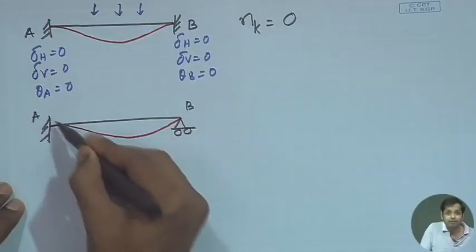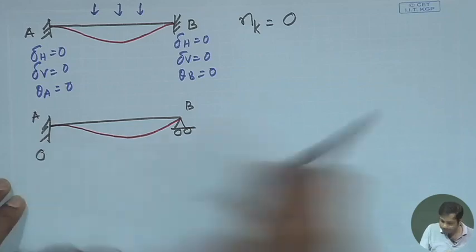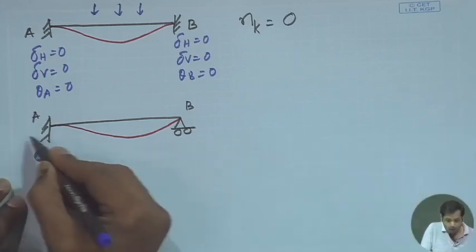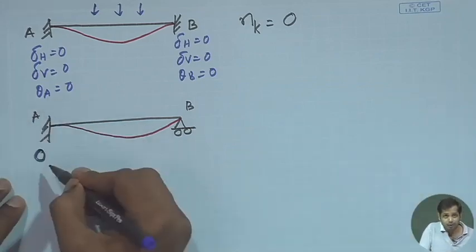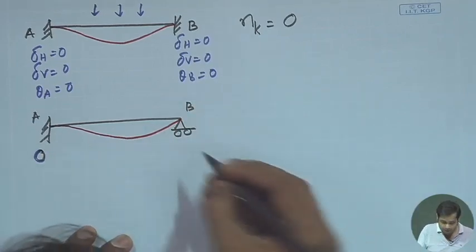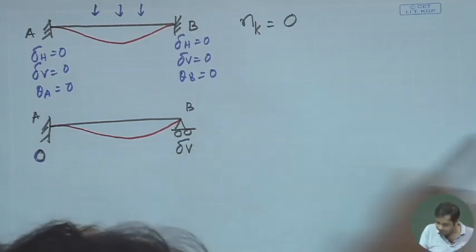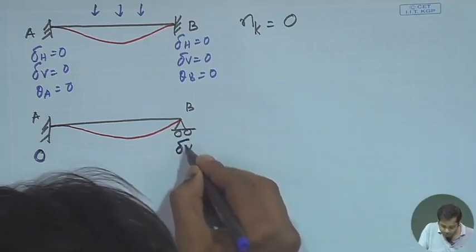Okay, so this is A, B. What is the degrees of freedom here? It is a fixed support, so degrees of freedom is 0 here. All horizontal motion, vertical motion, and rotation are restricted. Now at B, delta V is 0, there is no vertical movement.